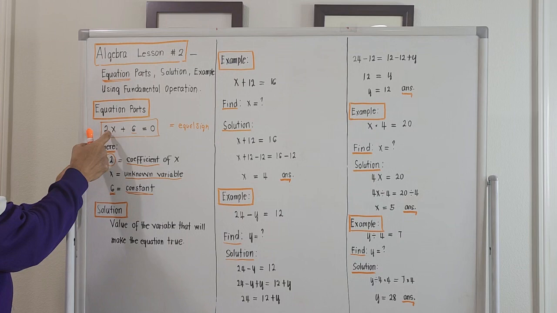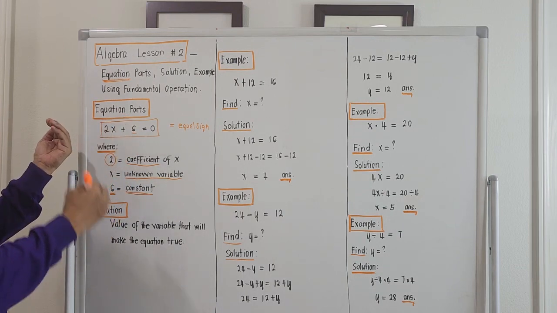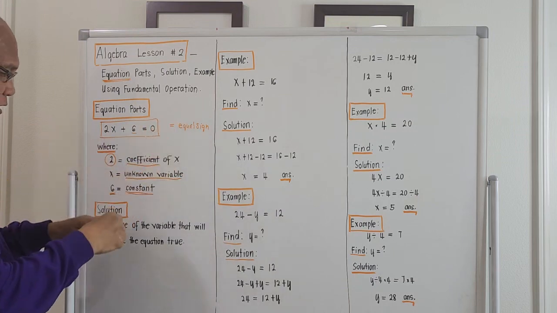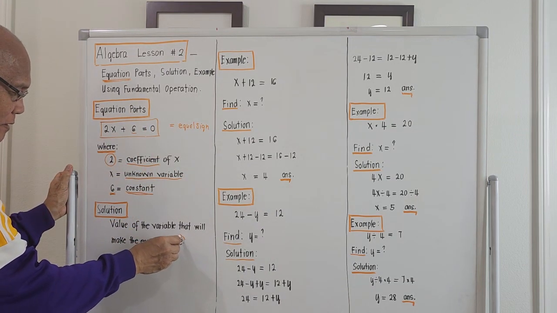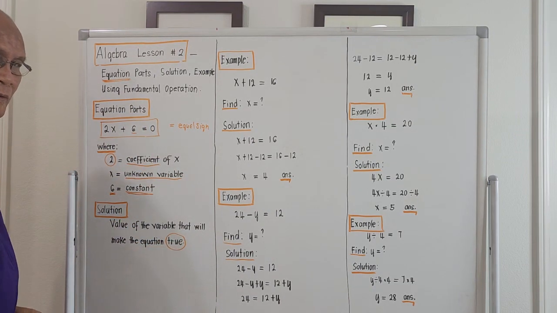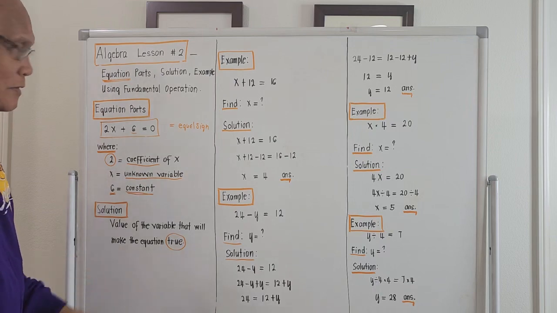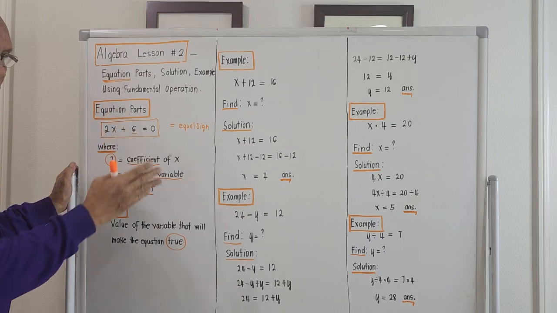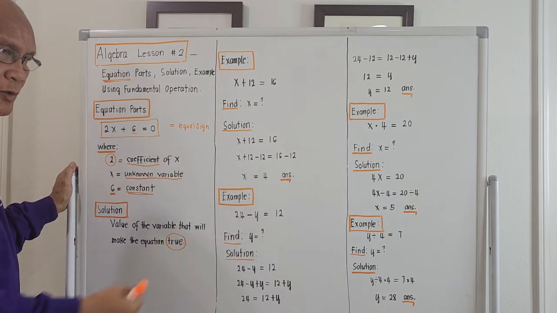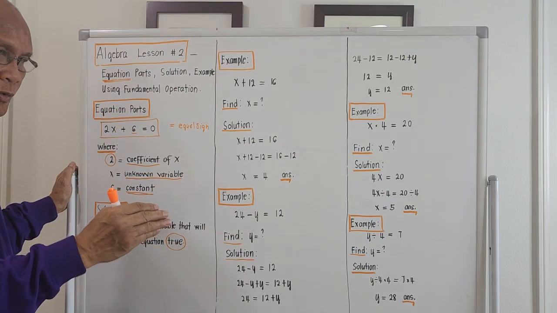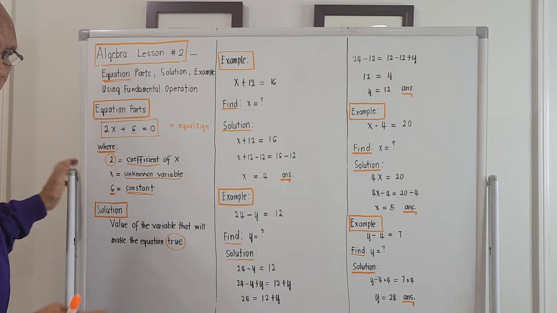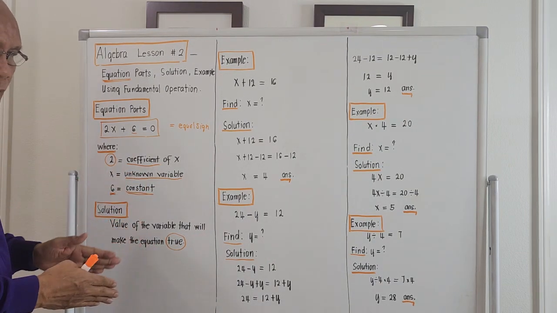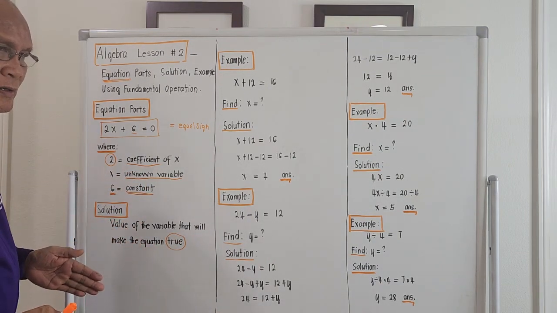That is the meaning of the equal sign here. So we now know what an equation is, what the parts of an equation are, and what the solution of an equation is. Without knowing this, we could not proceed with algebra.